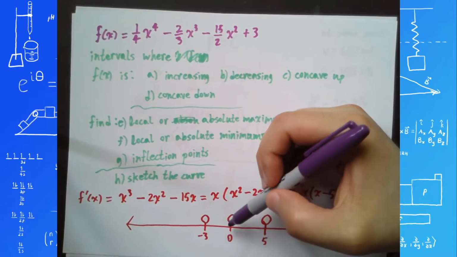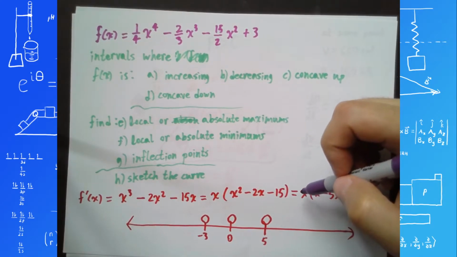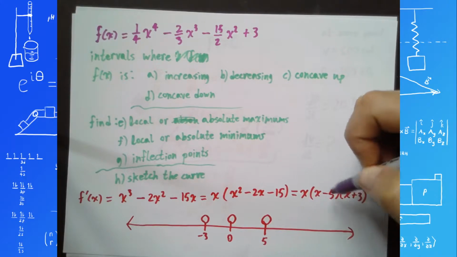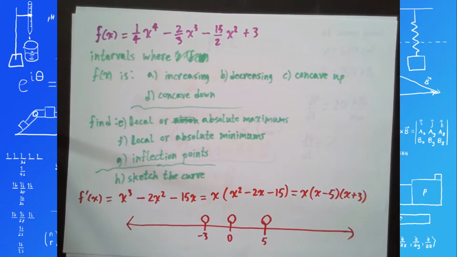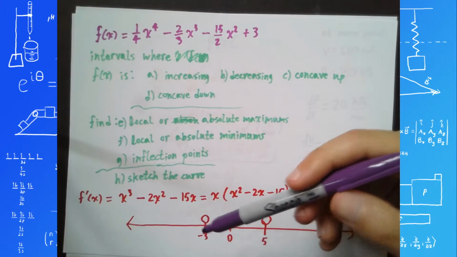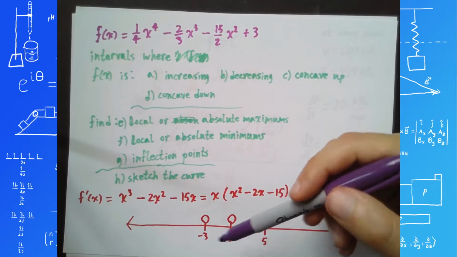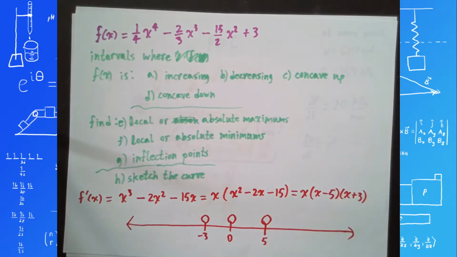Okay, so I know where the derivative is 0. So everywhere else it must be either positive or negative. And because this derivative is a polynomial and all polynomials are continuous everywhere, I can say that the only way for the derivative to change from negative to positive or from positive to negative is to go through 0.